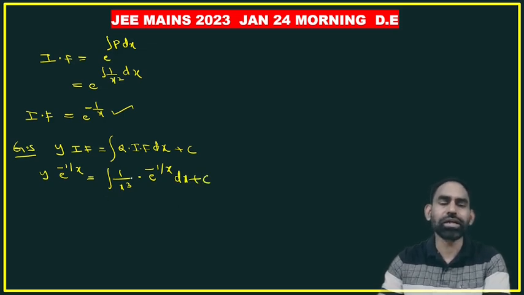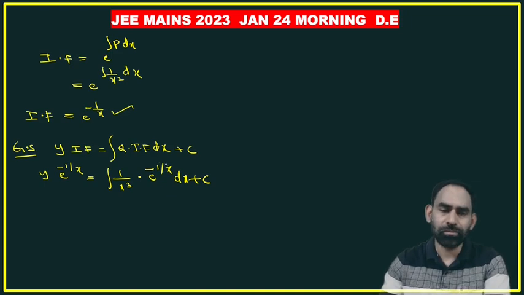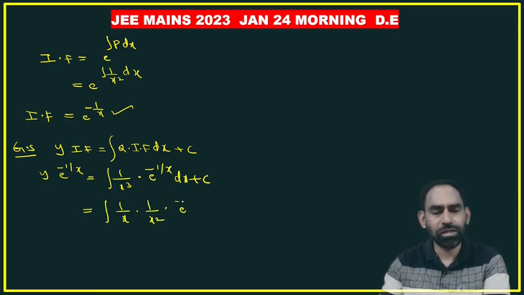Now we have to integrate this part. Here we have to follow the substitution method, because if you take −1/x as t, the derivative of −1/x will be 1/x². But here 1/x³ can be written as 1/x × 1/x². So ∫ 1/x × 1/x² × e^(−1/x) dx + c.